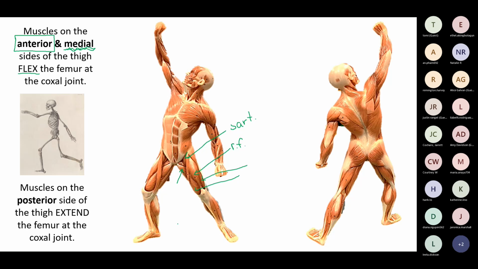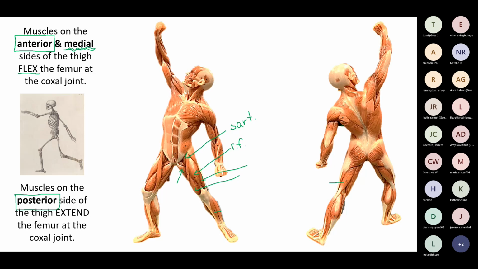When we talk about doing that movement of extension, which is pulling the femur backwards, the muscles that help us to do that are the muscles that live on the posterior side. If I'm pulling the femur posterior, I must live on the back side. So this is going to be some of those muscles that we see on the back.